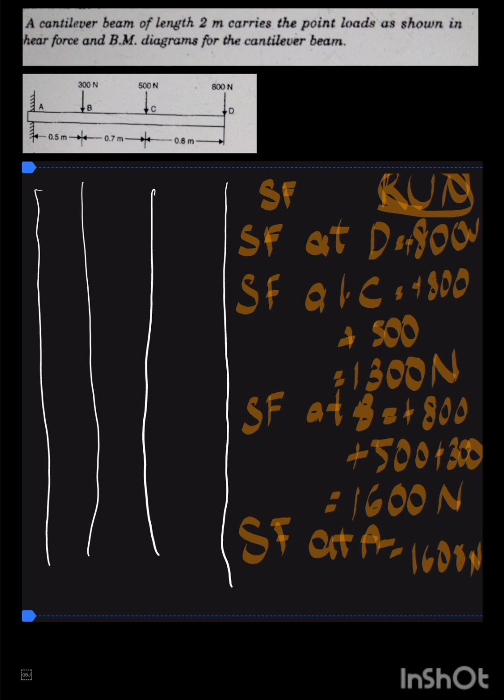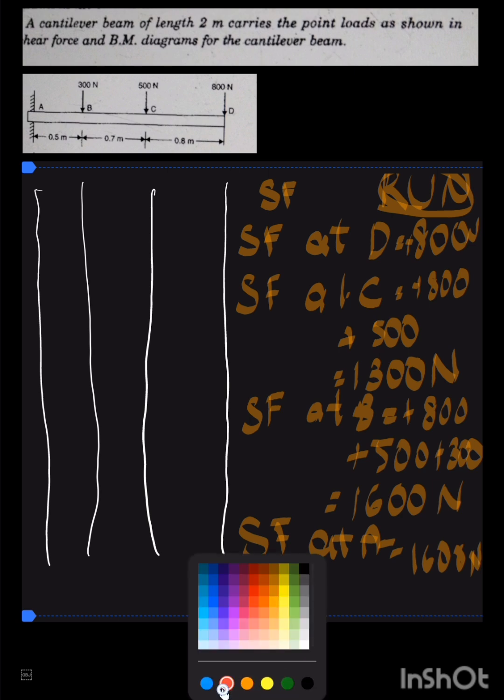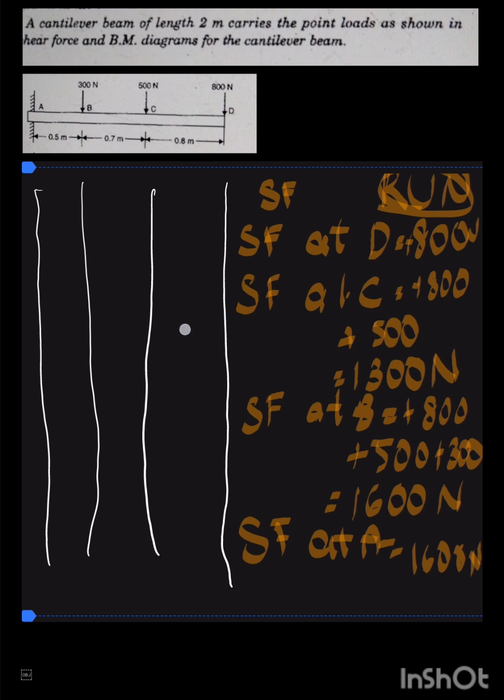Now, how do you draw the shear force diagram? See, take a baseline. This is the baseline. Next, this is point D, this is C, this is B, and this is A. Now let's see.